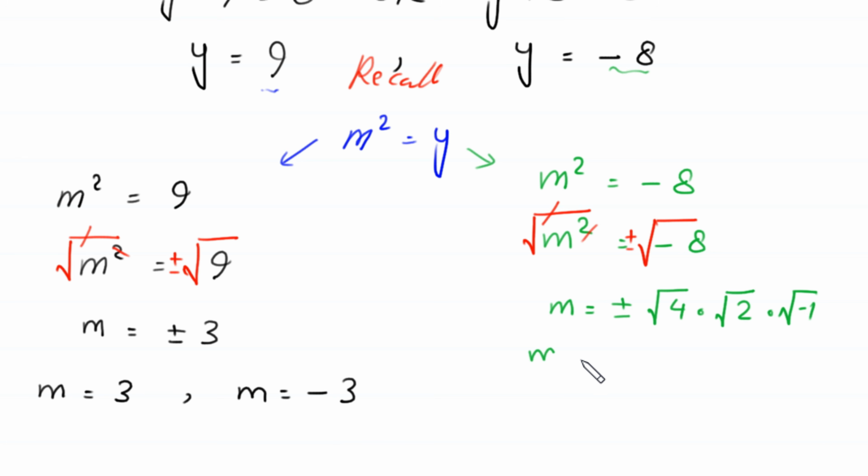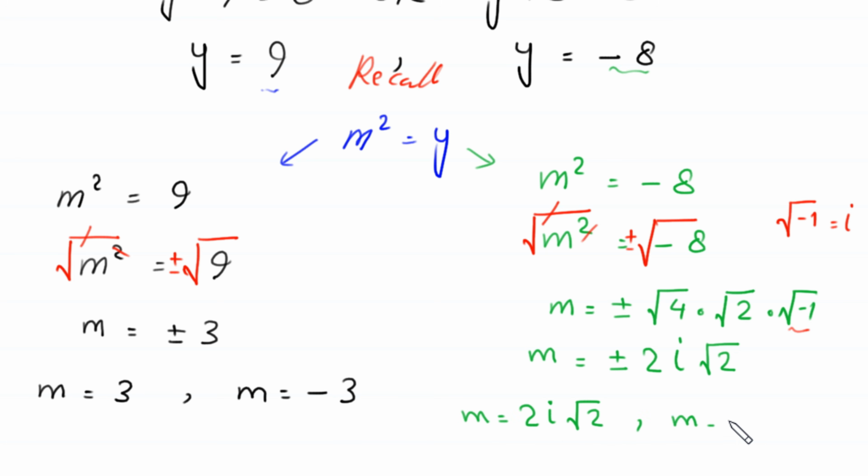Next, m is equal to plus or minus square root of 4 is 2, and square root of negative 1 is equal to i. So this will become i times root 2. From here we get other two values of m: m is equal to 2i times root 2, and m is equal to negative 2i times root 2.